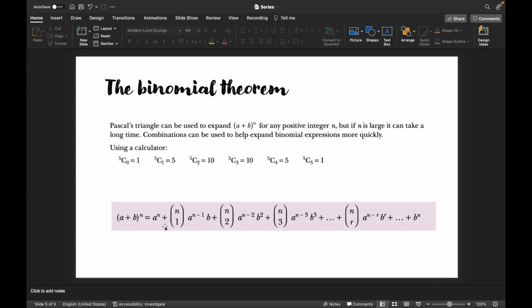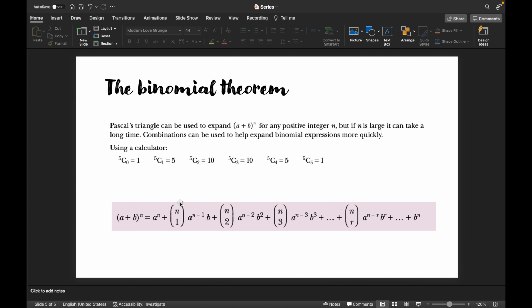Third term is nC2. If you're getting confused, just think about the power of the second element. The first term has the second element to the power of 0, and therefore you do nC0. Then in the second term, the power of b is 1, so you do nC1, and so on.